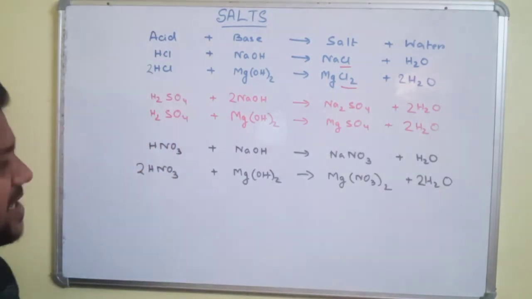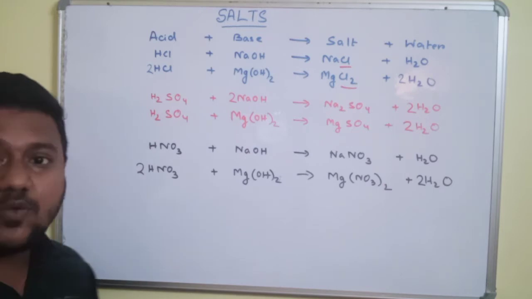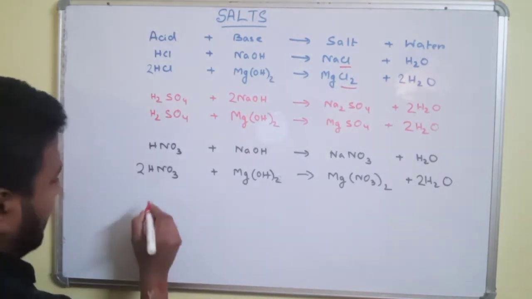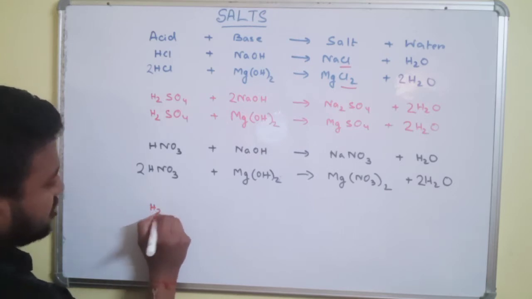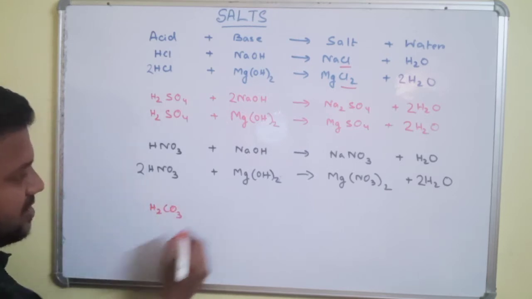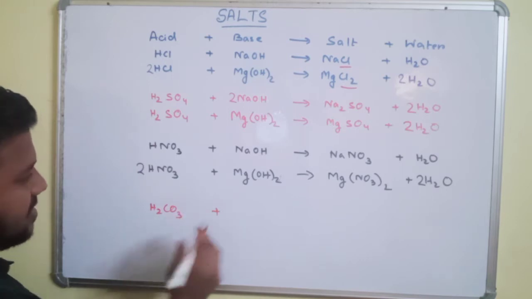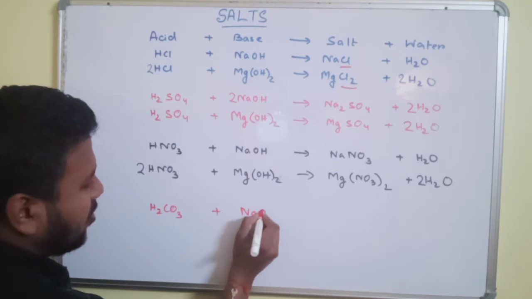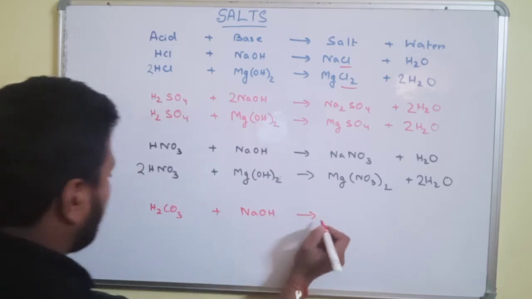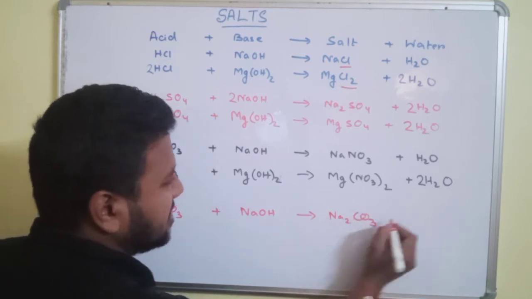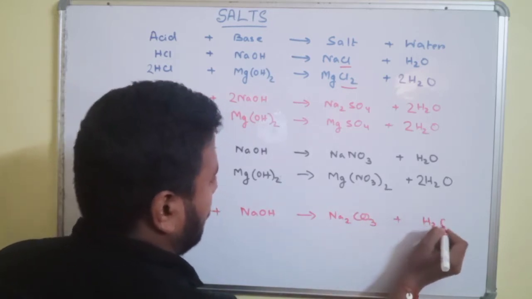Now here we can see that if we take one more acid, let us say we are taking H2CO3. This is carbonic acid. Okay, when reacts with NaOH, it leads to the formation of Na2CO3 plus H2O.